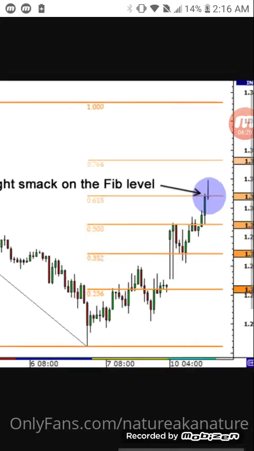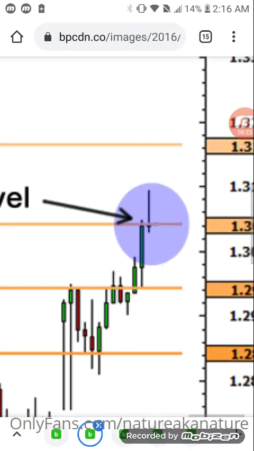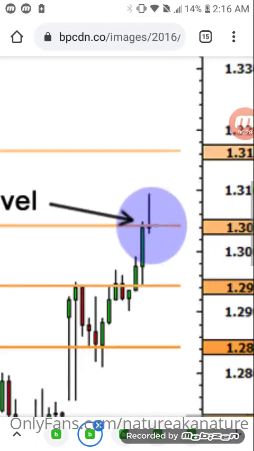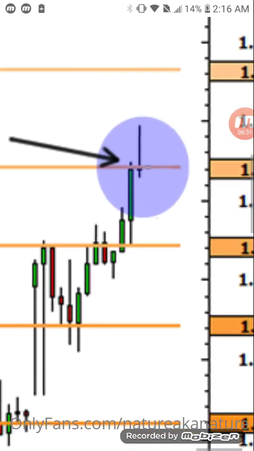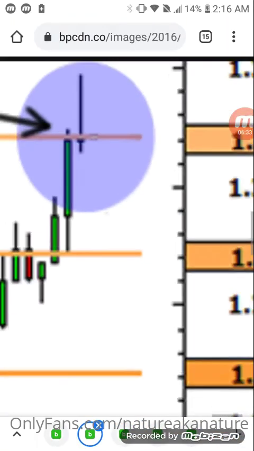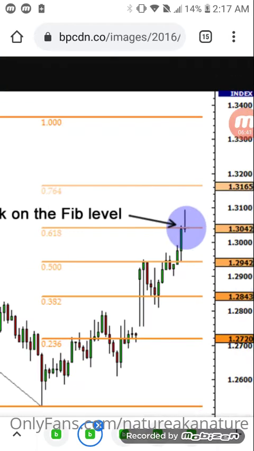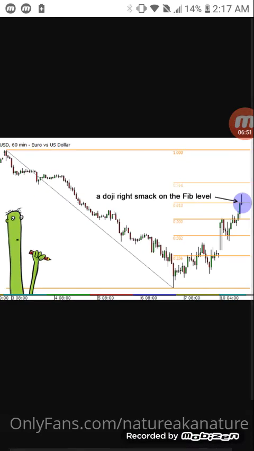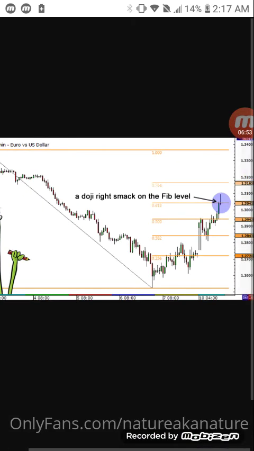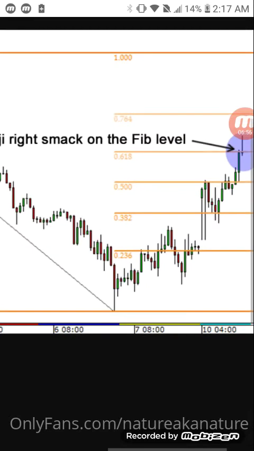Candles being exhausted look like this: they have very long wicks and short bodies, meaning that buyers are exhausted right now, and sellers can come in and change the direction of the trend. It's an exhausted candlestick at the 61.8 level. Most likely price forms a doji right smack on the fib level at the 61.8 level.